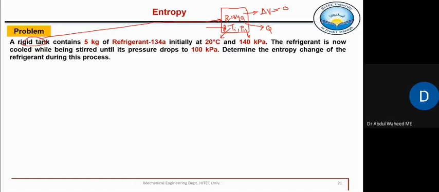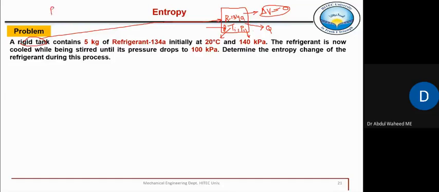So now we have a constant volume tank whose temperature is dropping because heat is removed. So what will happen to pressure? Because here volume is fixed and temperature is dropping.